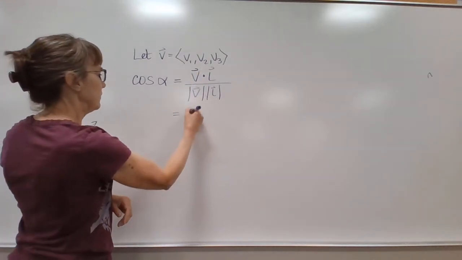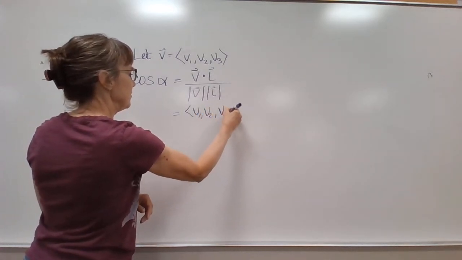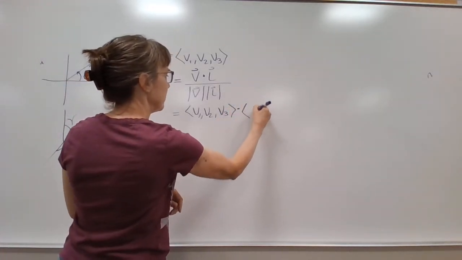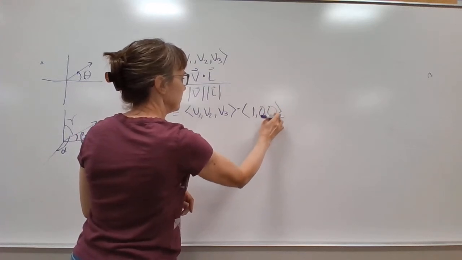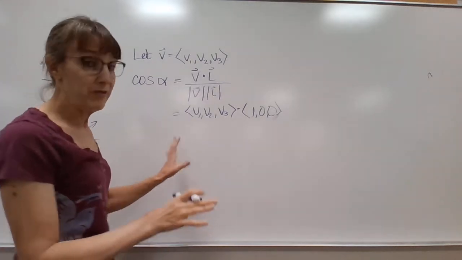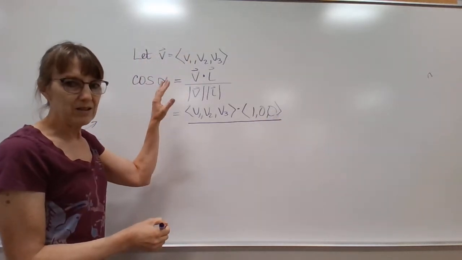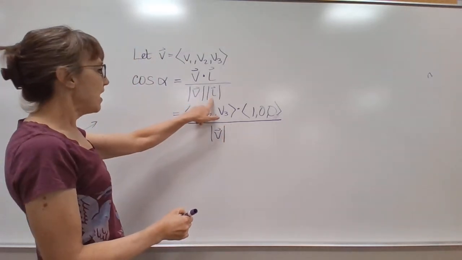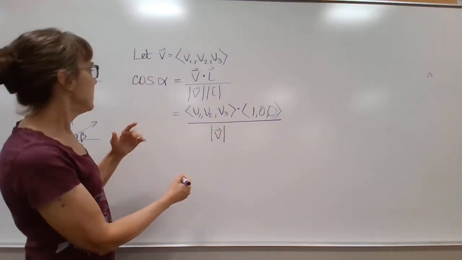V I defined as V1, V2, V3, and i is in the direction of the x-axis, so I get a 1 in the x place and zeros elsewhere. Divided by the magnitude of V. The magnitude of i is 1.